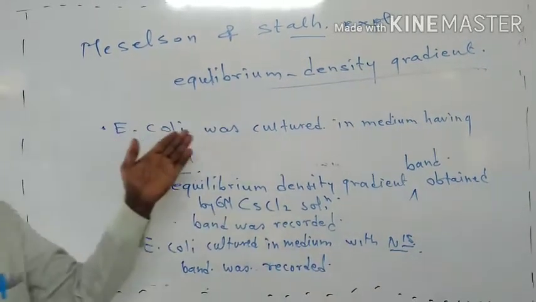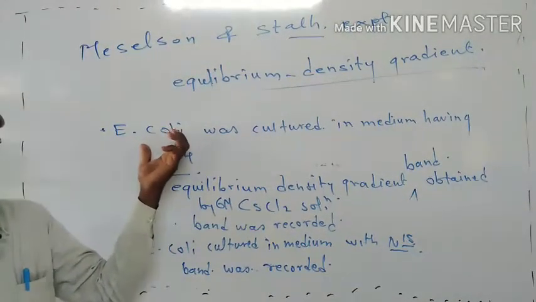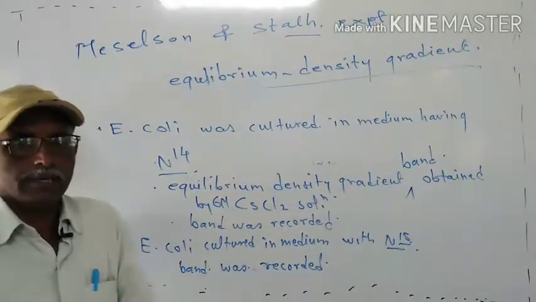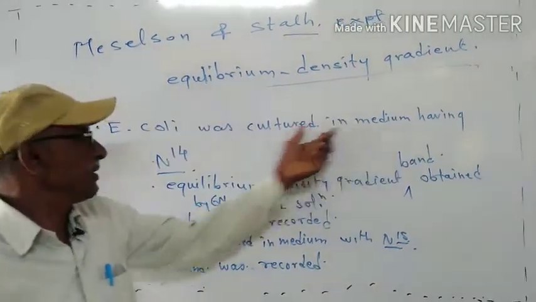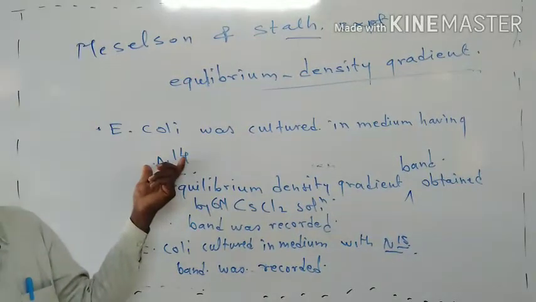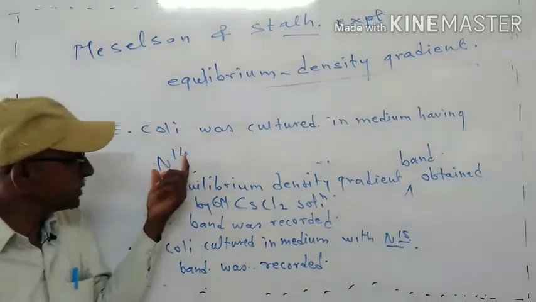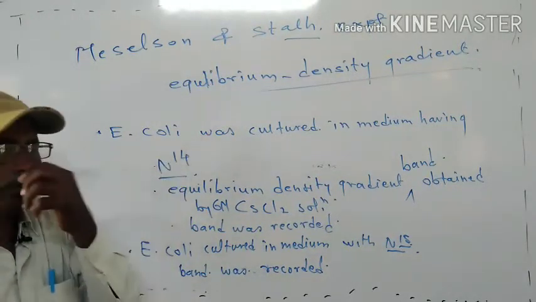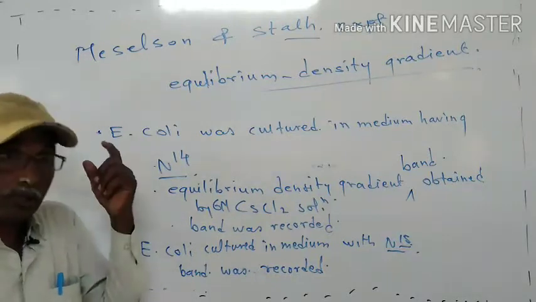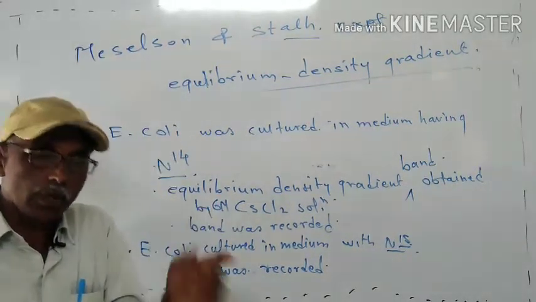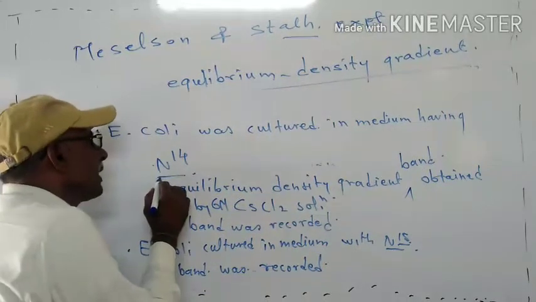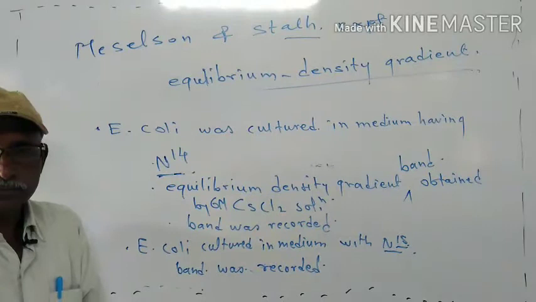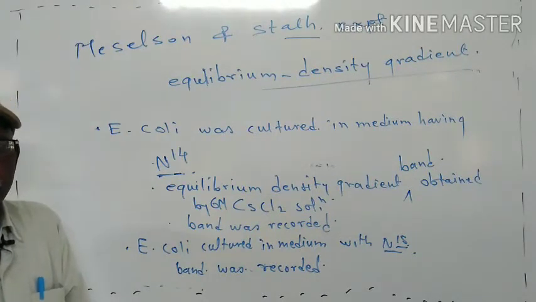Means these bacteria, E. coli, are cultured in a medium containing N14, and due to N14, the newly formed E. coli in the culture will have N14 in their DNA strand.